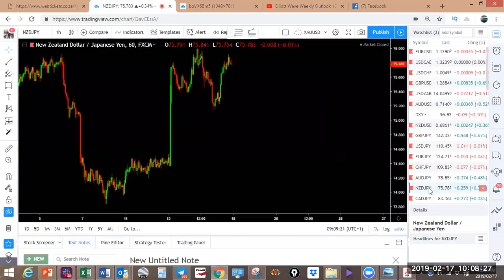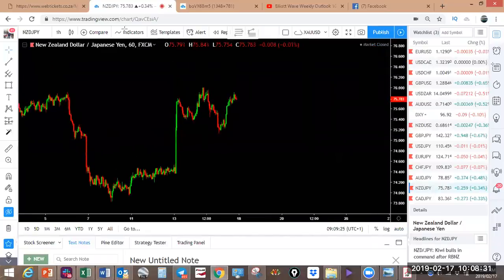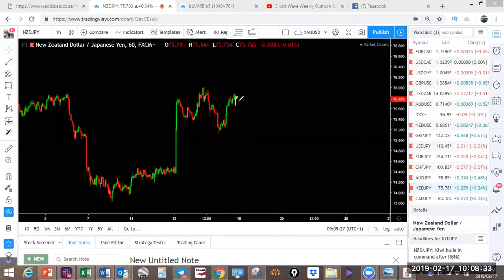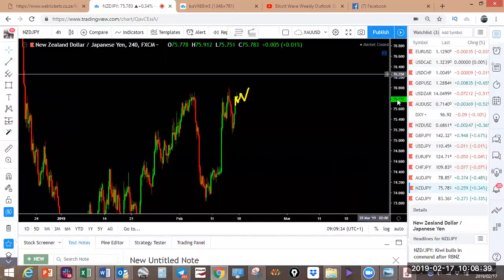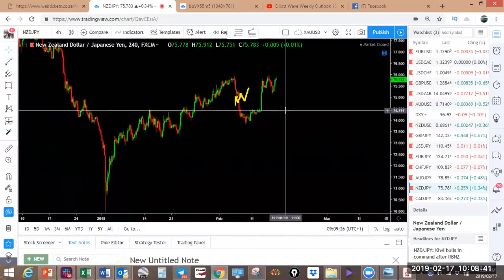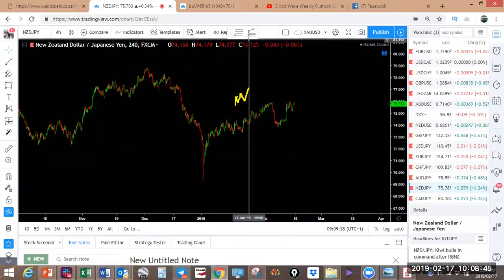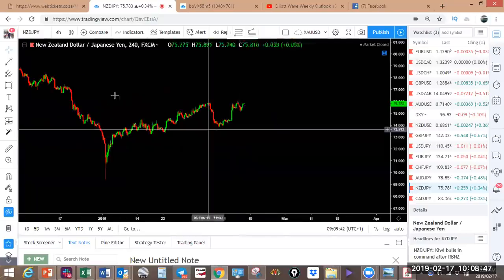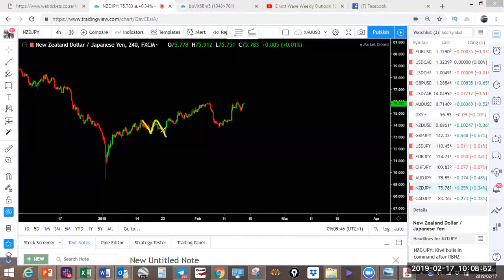New Zealand. A little bit of a push higher. Let's go back to the 4-hour. New Zealand, can you see that structure that I was talking about that happened on all these yen pairs?